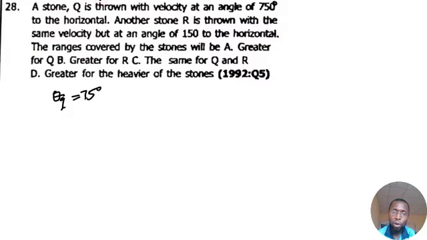Then another stone R is thrown with the same velocity. That means the initial velocity u Q is the same as u R. So another stone R is thrown with the same velocity but at an angle of 15 degrees to the horizontal.